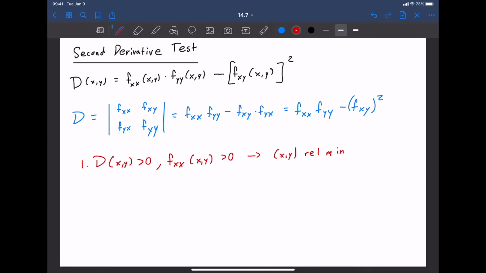This is the situation where we have a good measurement of the concavity. The concavity is positive. If the second derivative is positive, we have a relative min.